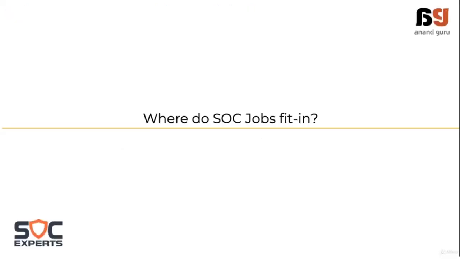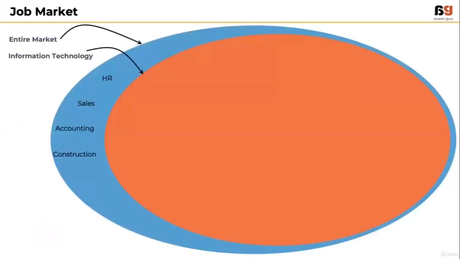So where do SOC jobs fit in? We were meant to understand that in the job market, this blue section is the entire market, where you find HR, sales, accounting, construction, medicals, name it. Everybody is in the blue line, and the blue line is what is facing the market.